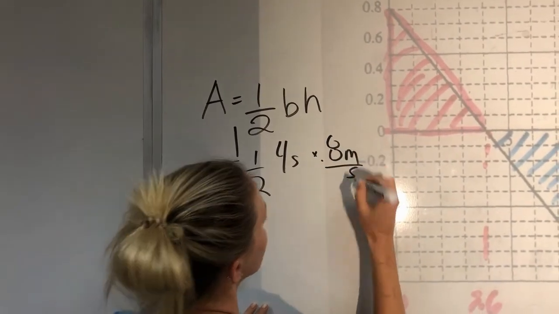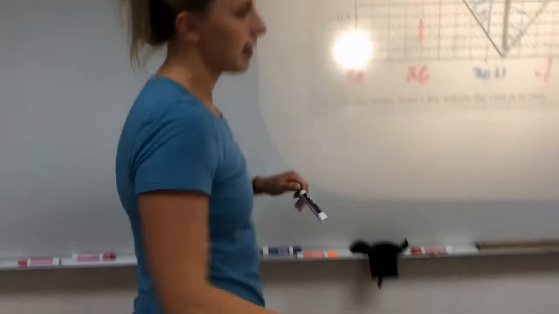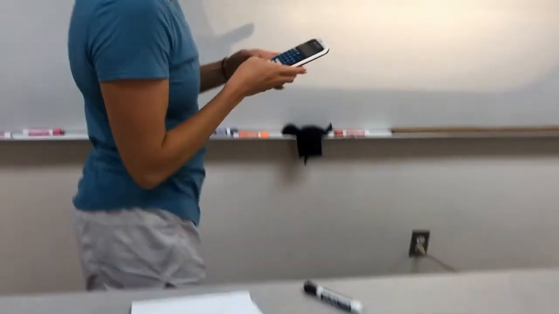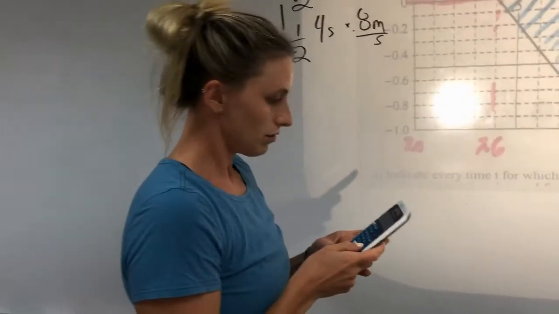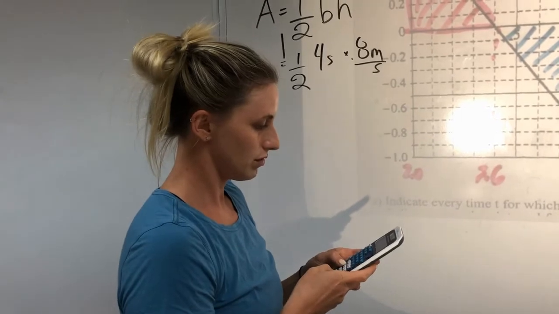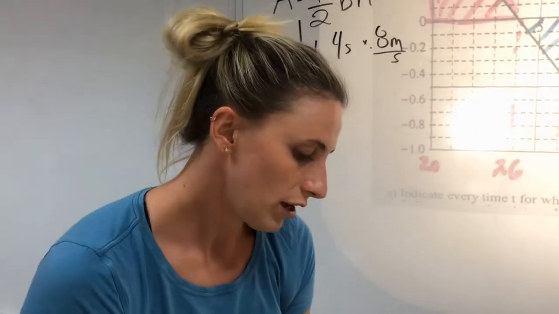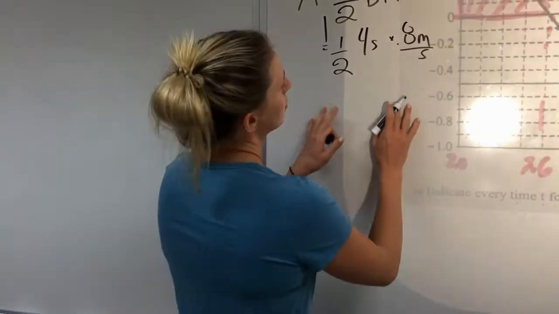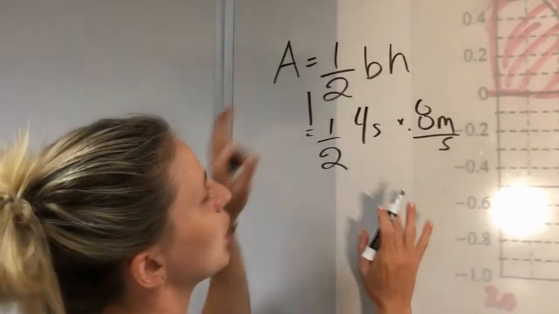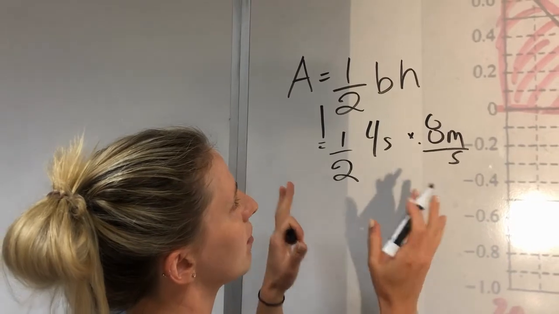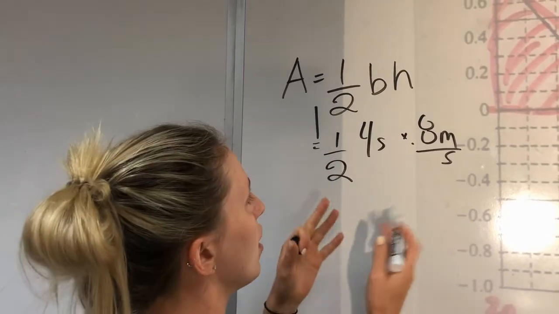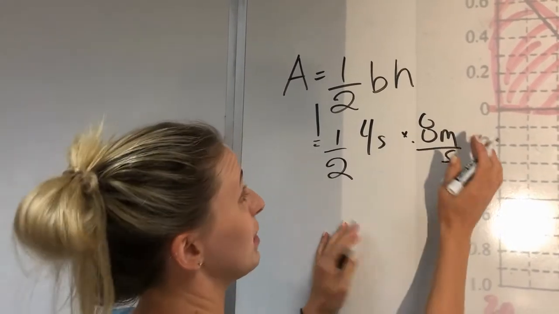meters per second. Let me go ahead and plug that into my calculator here. Times 4 times 0.8. Okay. And before I even write the number down, let's take a look at the units. So area, we know we're going to want some sort of unit of measurement that is probably distance or something.